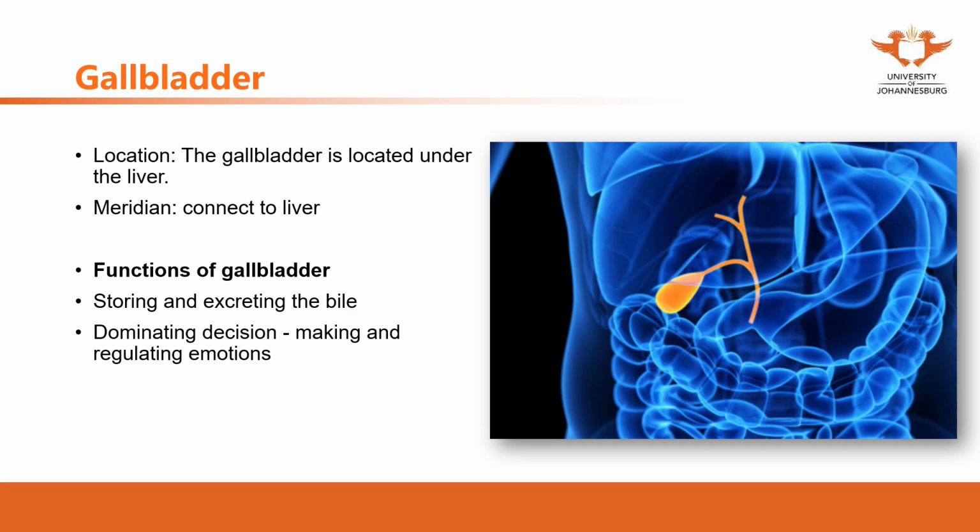Now the question here: where does the bile come from? In our theories, we think that the bile is the extra qi from the liver. So if the liver has extra qi, it will be stored in the gallbladder and become the bile.